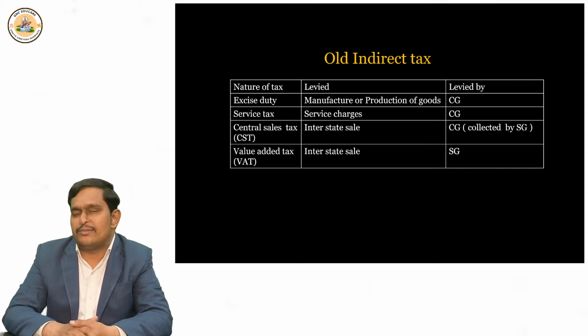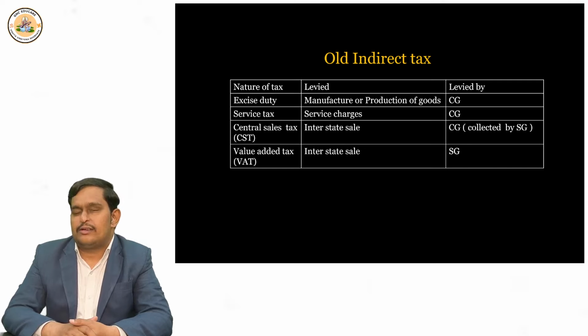Then only this will become successful. So, to solve this problem, GST was brought into the picture. What does GST say? One nation, one tax. So almost all taxes are removed, only one tax is there, or very rarely some taxes are there.